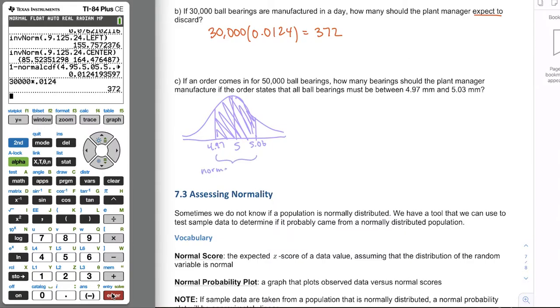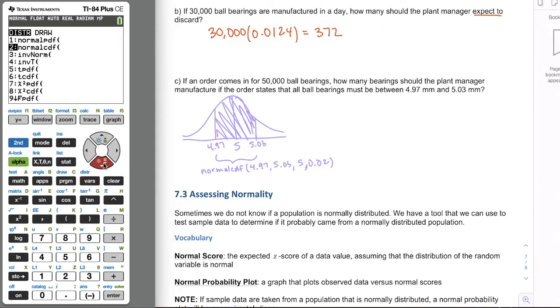So we'll do a normal CDF. The lower bound is 4.97, the upper bound is 5.03, the mean is 5, and the standard deviation is 0.02. Type it in.